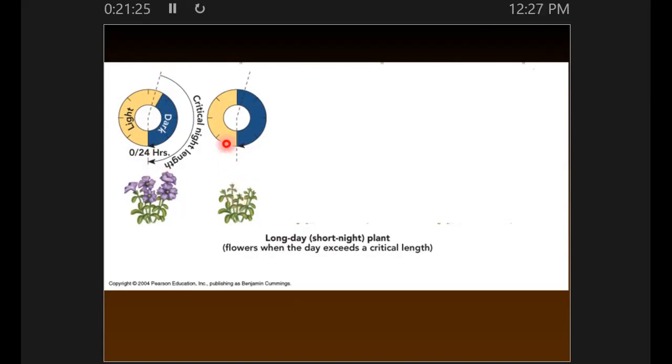If this plant has too short of a day length, it didn't make it past the critical time period, it got less light than that, it will not flower if it's a long day plant. So that's how you interpret these donut pie charts here.